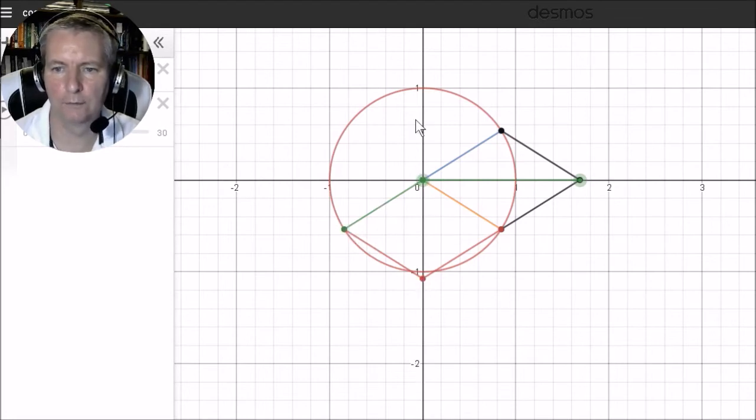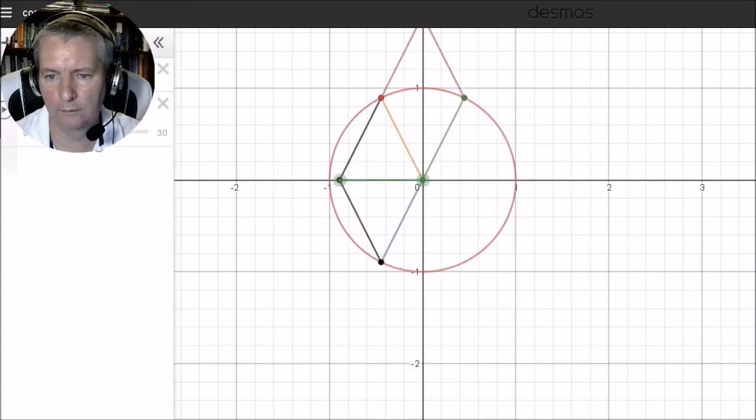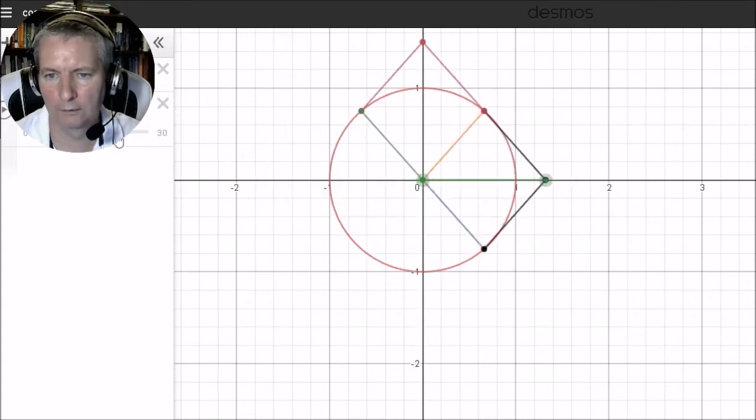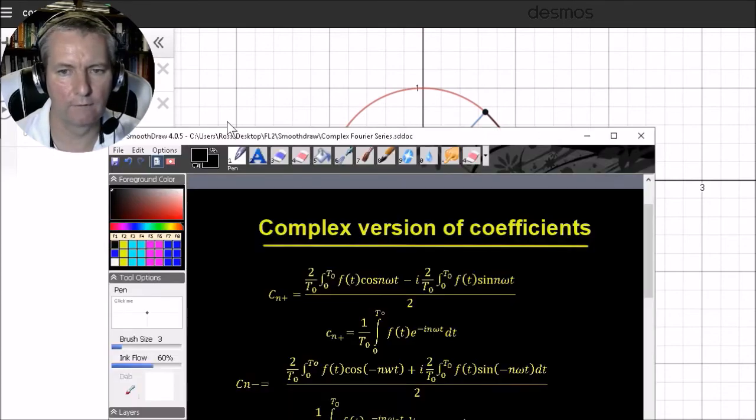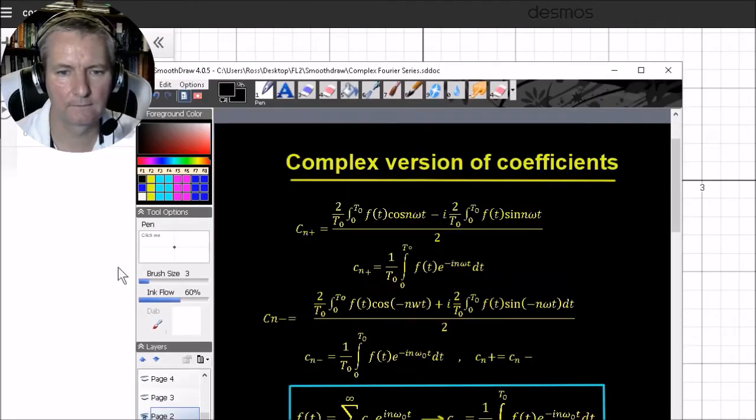It travels up and down the y-axis, which is going to give us our sine function, but just keep your eye on the red dot. It goes from plus 2 to minus 2 to plus 2 to minus 2. So that generates our sine function.